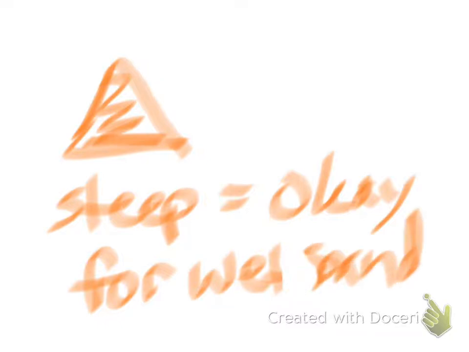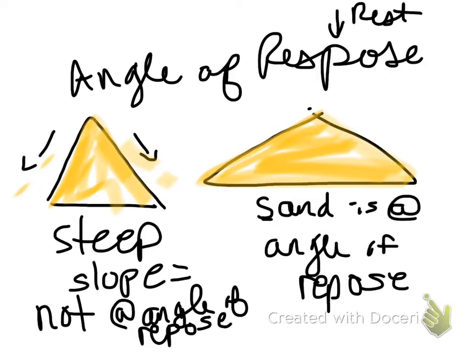But you know that dry sand doesn't work too well to build a sandcastle with because the angle of repose is not a very big angle. This angle here is too small. You can't build a very high tower. It'll just move. It'll undergo mass movement until it reaches the angle of repose, and then the material will stop moving. It will rest.